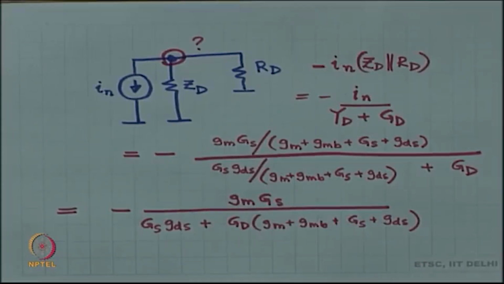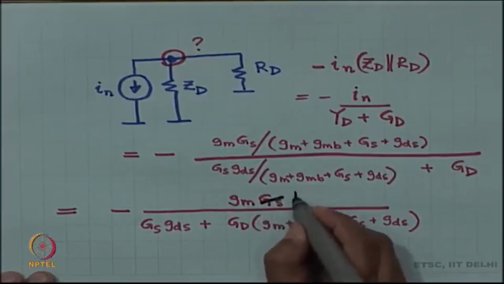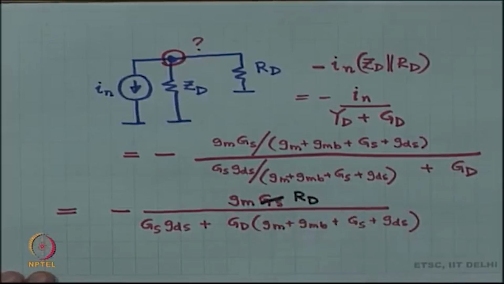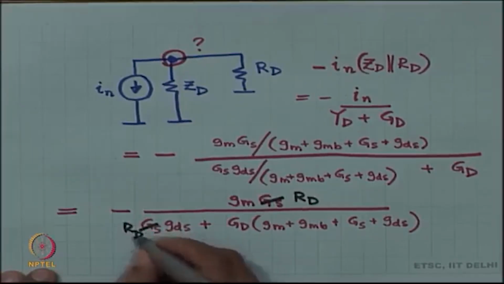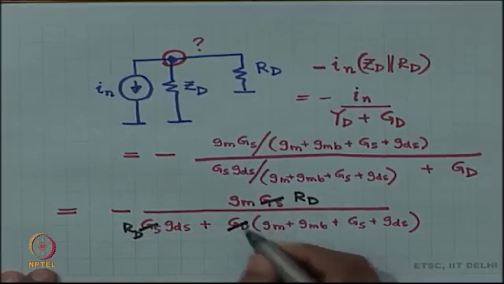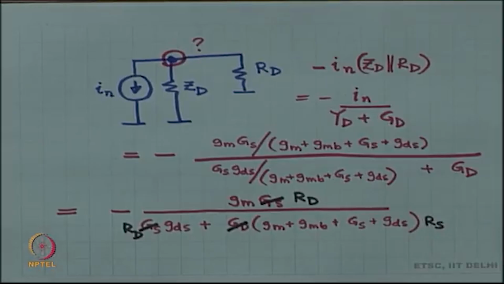So, what happens over here when I multiply numerator by R s R d, the G s goes away and R d stays. Denominator, I am going to multiply by R s R d. So, this becomes R d and this becomes R s, all right, and this is where I stop doing work and start interpreting things.